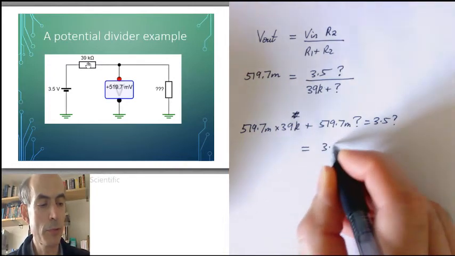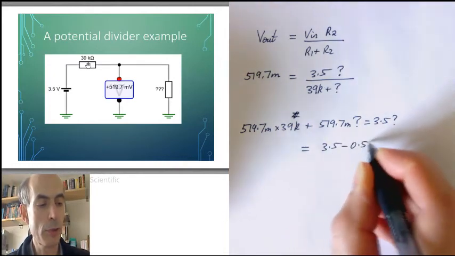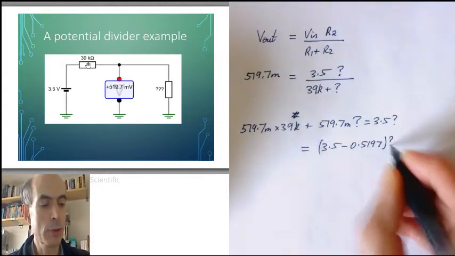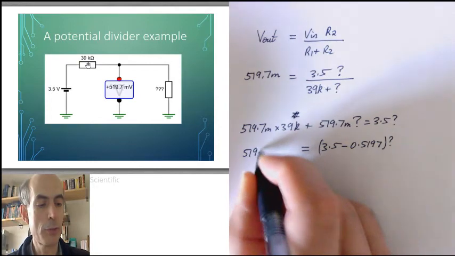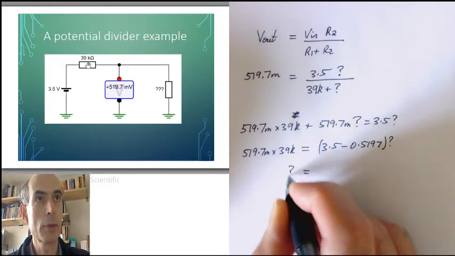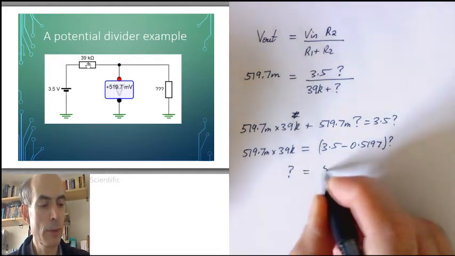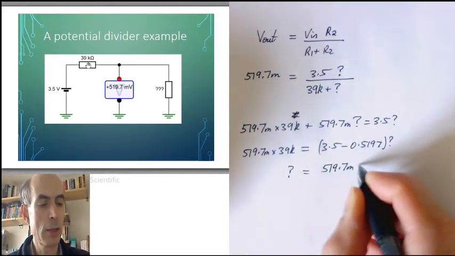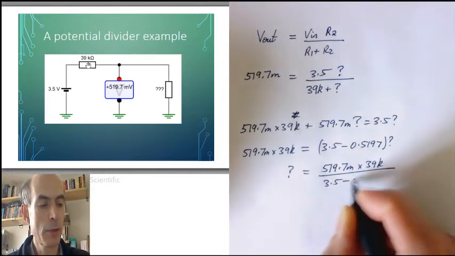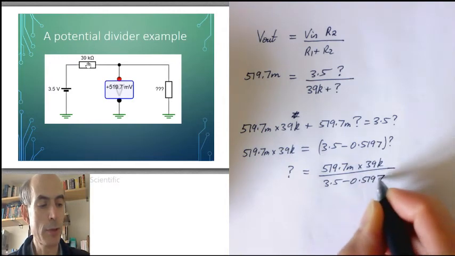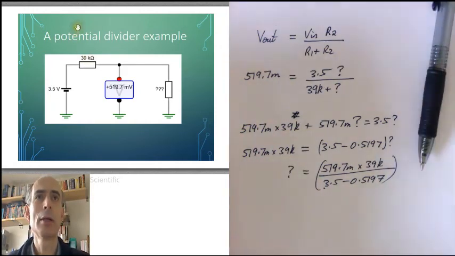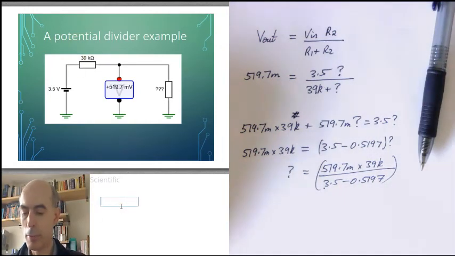Therefore, 3.5 minus 0.5197, which is 519 milli, times question mark, must be 519.7 milli times 39k, and therefore, question mark, the unknown resistor, is 519.7 milli times 39k divided by 3.5 minus 0.5197. That's it. Then all we have to do is put that into a calculator and we can work out the answer. Let's have a go.